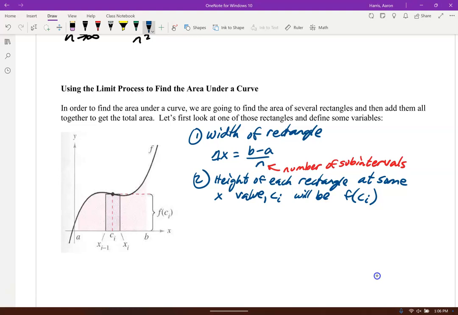Okay, that'll be the height, f of ci. So we'll have whatever that height is, f of ci, times this width, which is our delta x, right? The width of the rectangle. That'll be the area of that rectangle, right? And then we'll add up all these rectangles together.